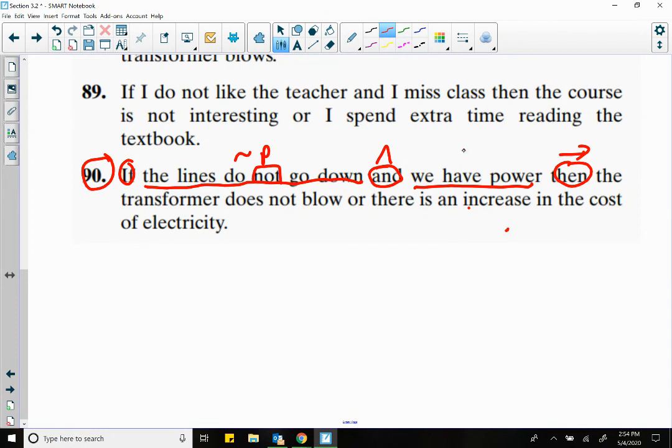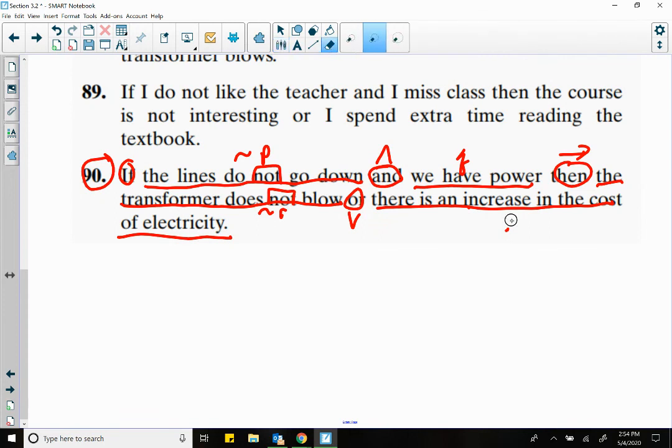So we'll call that Q. Okay. The transformer does not blow. So that's a negate R because that's an entirely new statement. Oh, I see the word or, so that's a V. There is an increase in the cost of electricity. That's another new statement. So we're going to call that S.